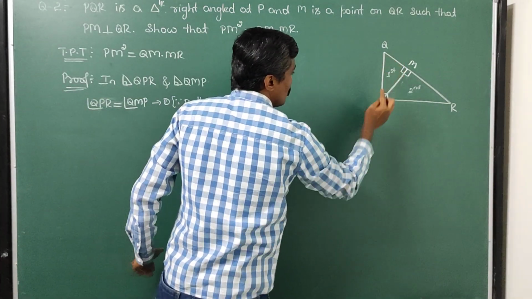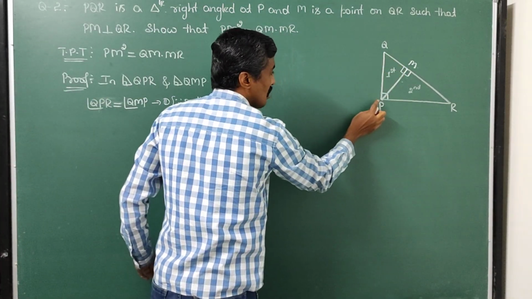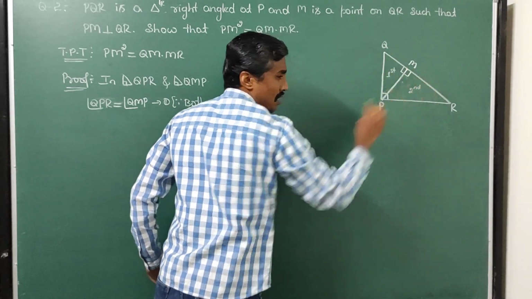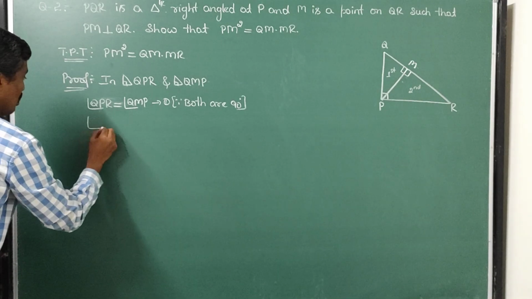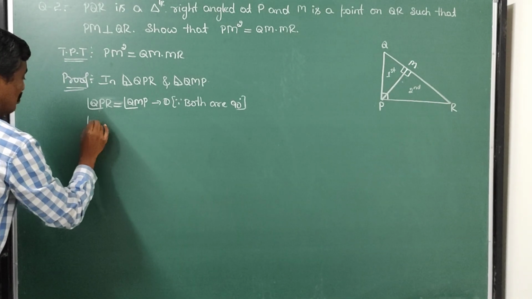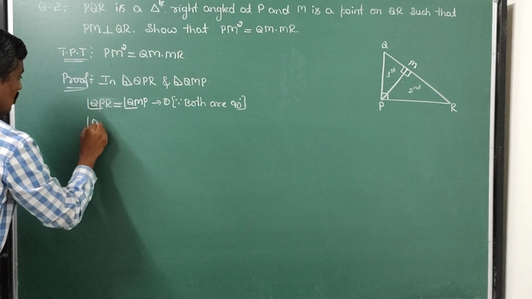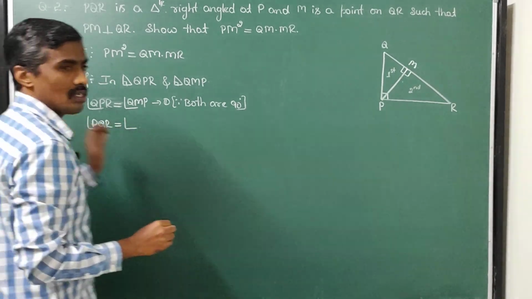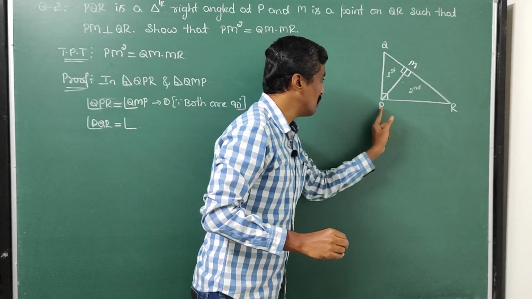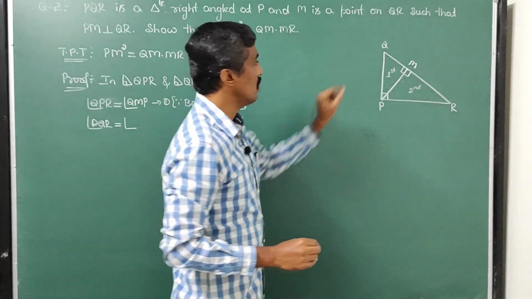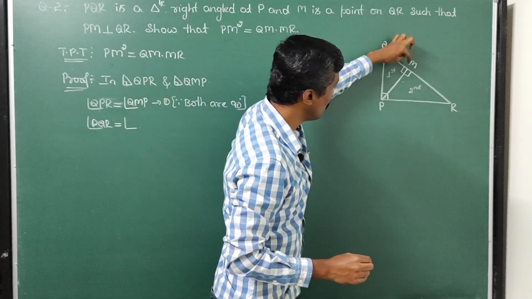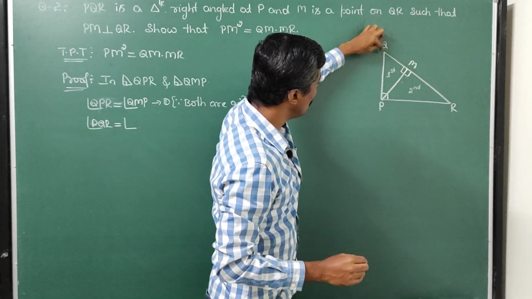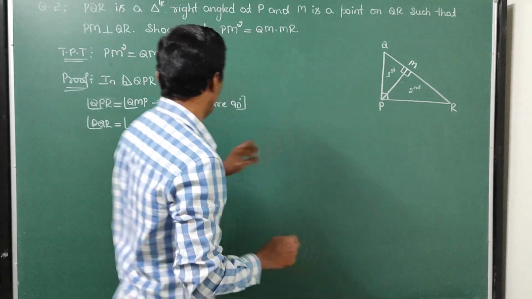Correct? Next, angle Q. In the bigger triangle, angle PQR is equal to, in the original triangle I started with P, which is 90 degrees, in the first part starting from M, 90 degrees, angle MQP, correct?